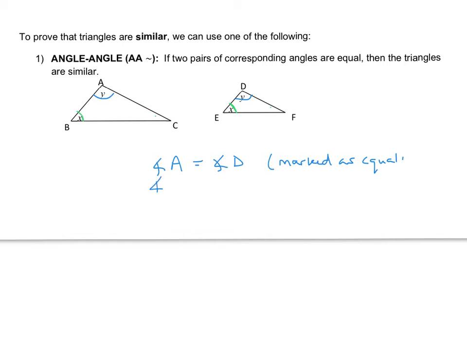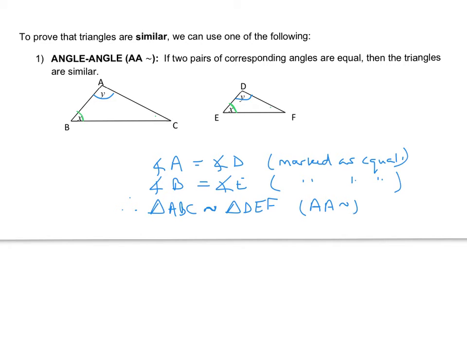And then we have angle B equaling angle E, also marked as equal. So as soon as you have 2 angles that are equal, you can therefore conclude that triangle ABC is similar, that's supposed to be that wavy line, it's the tilde symbol on your keyboard, it's similar to triangle DEF. And that's by angle, angle, similarity.